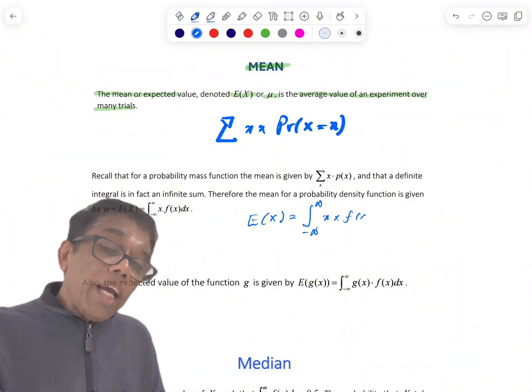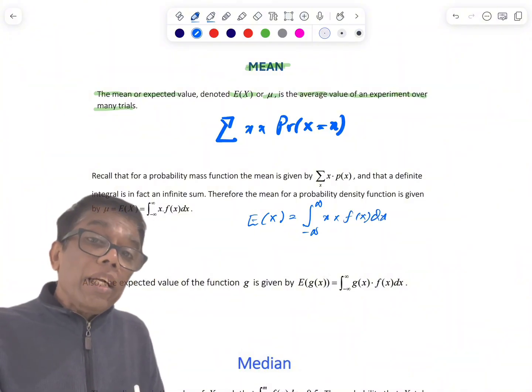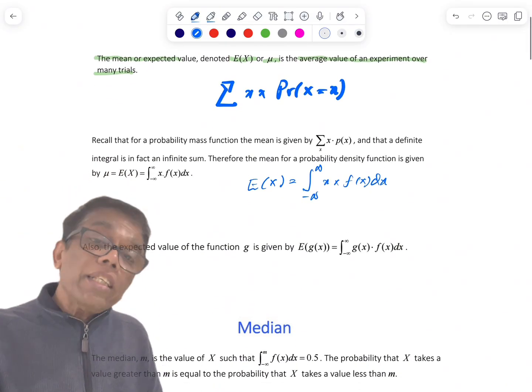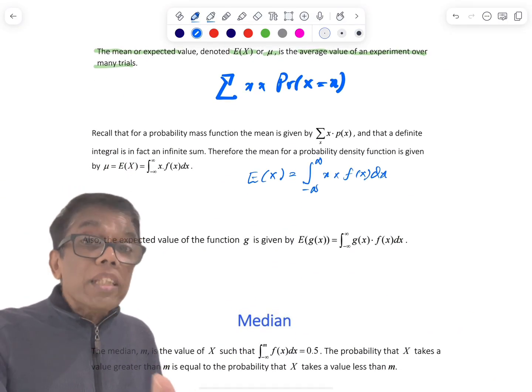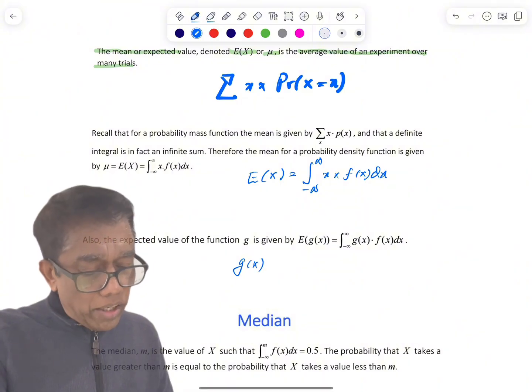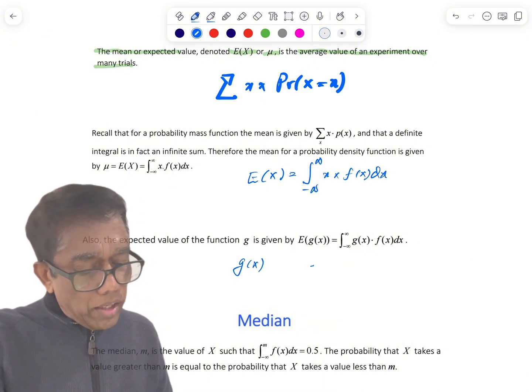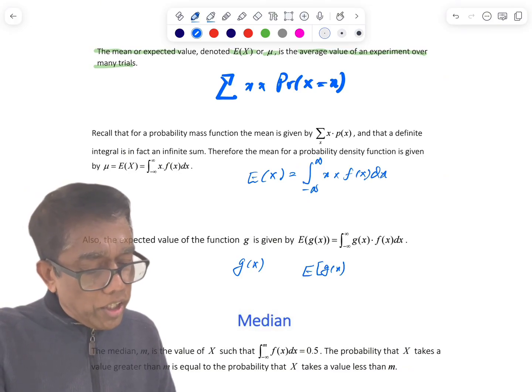However, if there is another function, I'll write it as g(x), what is the expected value of g(x)? It is given by E of g(X), the integral from negative infinity to positive infinity of g(x) times f(x) dx.